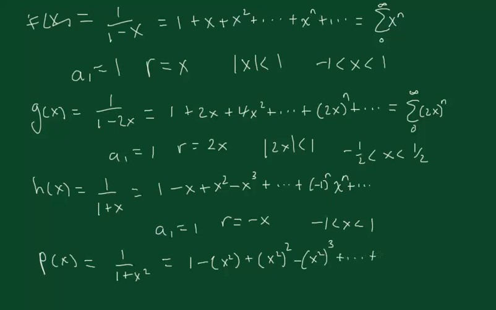The nth term here, we see that it's strictly alternating, and it's going to be x to the second power to the n power plus dot dot dot, and that will be simplified to negative 1 to the n x to the 2n power, of course, from 0 to infinity.